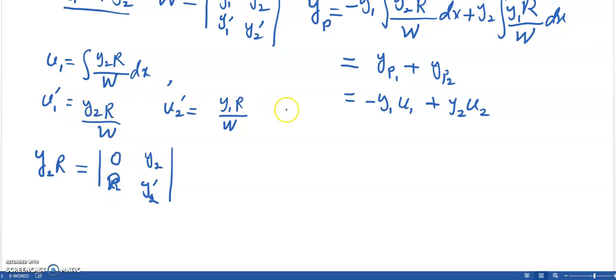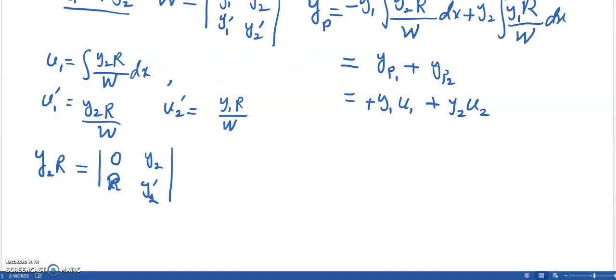So I can say that it is minus y2 r. So I can just remove this part, and then u1 will be this, and I will get a determinant like this.